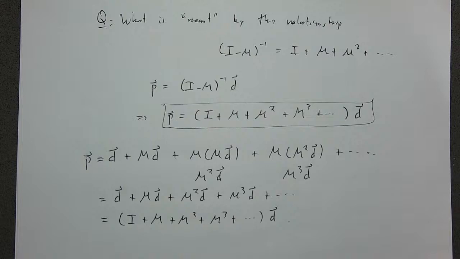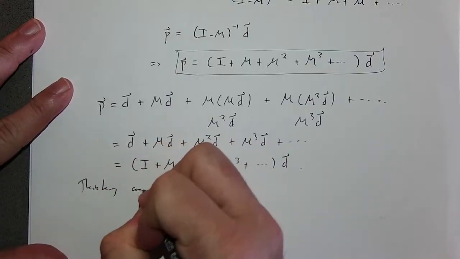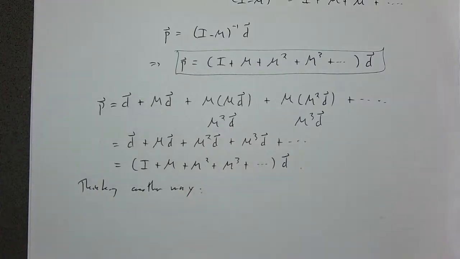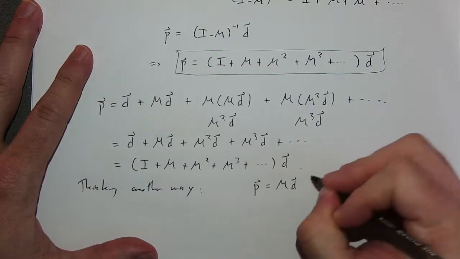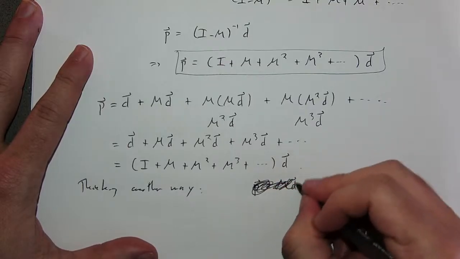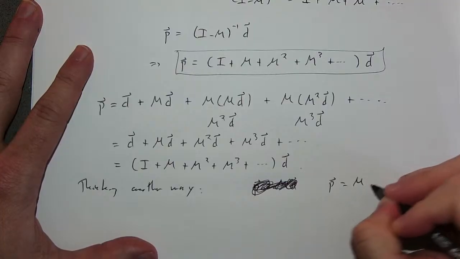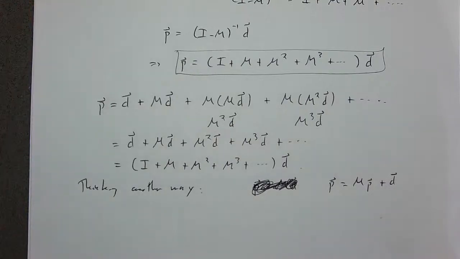Okay, so that's one way of thinking about this. But actually, we could have thought about this in another way as well. Our Leontief input-output model looks like this. This is where all of this came from.